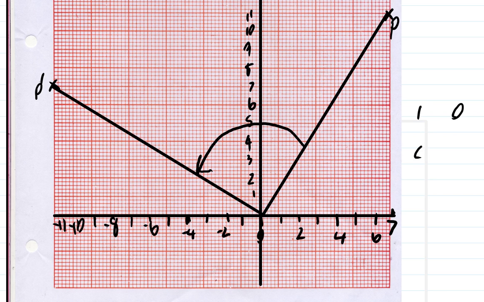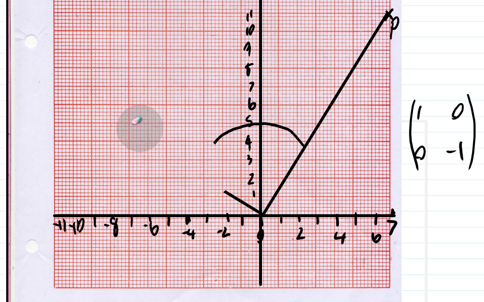That is the transformation T. Let's get rid of some of these things. Erase the lines, this arc, and let's erase this line as well.